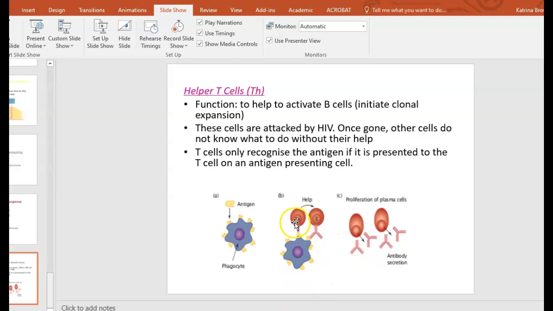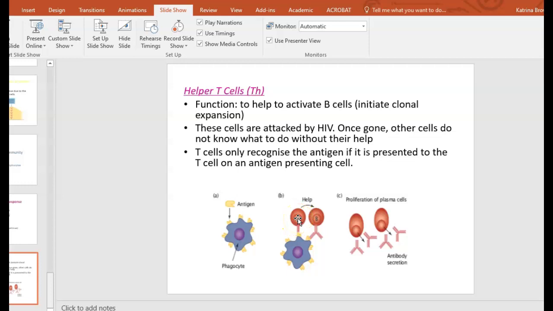So if we have a virus infect our T helper cells, it's a sad fact that once a virus infects a cell, that cell will eventually be destroyed. So the virus will inject its genetic material into the T helper cell.